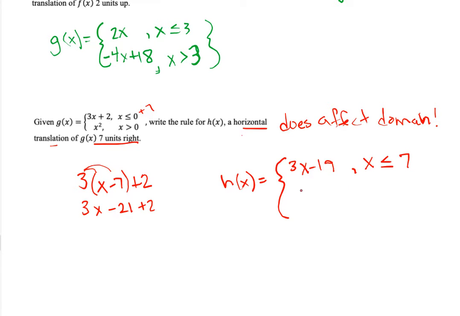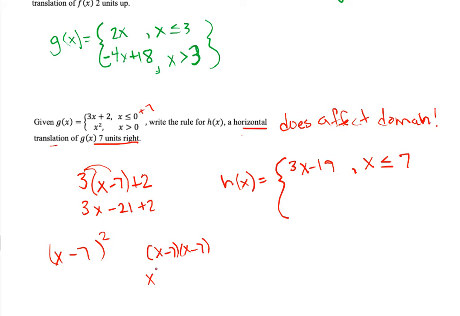In the second part, we'll take our x squared, but we have to subtract 7 inside the parentheses like this. If I'm going to FOIL this out, because it's a binomial squared, it's the same thing as having x minus 7 times x minus 7.